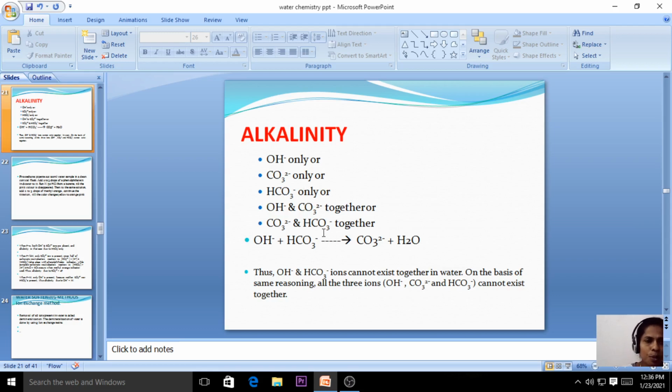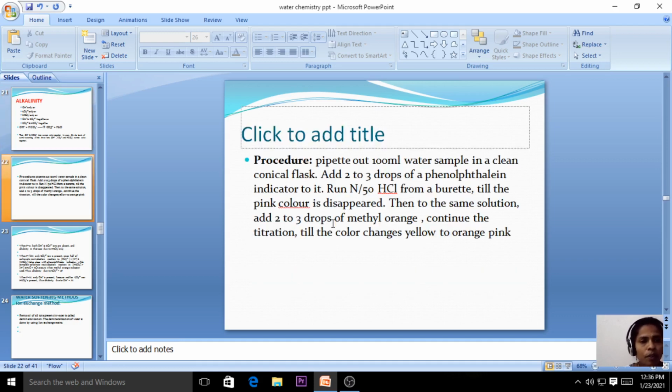So let us assume our water sample has carbonate and bicarbonate ions. But we know that by using phenolphthalein indicator, we can identify half of the carbonate. We can't find the full carbonate. If we use methyl orange initially, what is the use of methyl orange? It identifies all three ions completely.